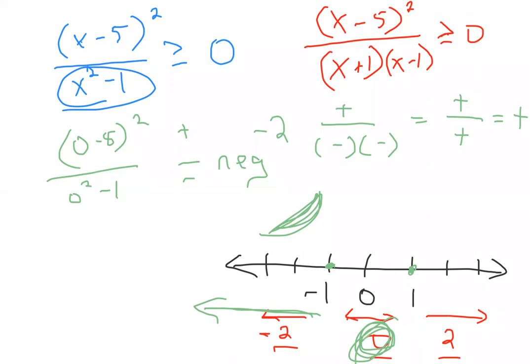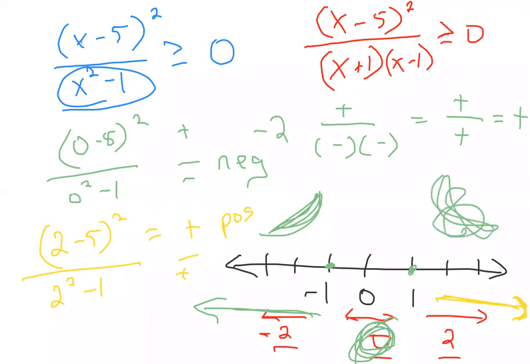So I'm going to do it again, my next test point, so I know what's happening from here on. So if I plug in 2, I get 2 minus 5 squared. Again, anything squared is going to be positive. And 2 squared minus 1, well, that would be 4 minus 1, which is positive. And a positive over positive is positive, which means I'm up here somewhere.